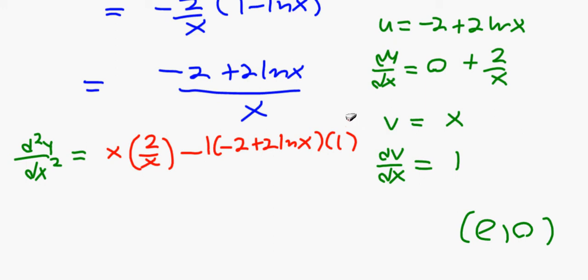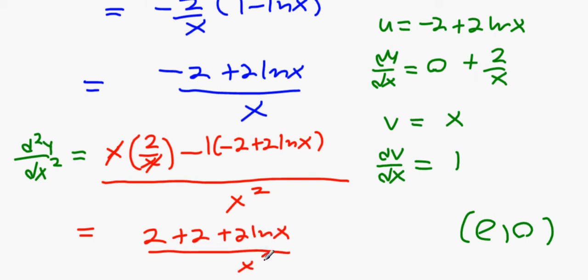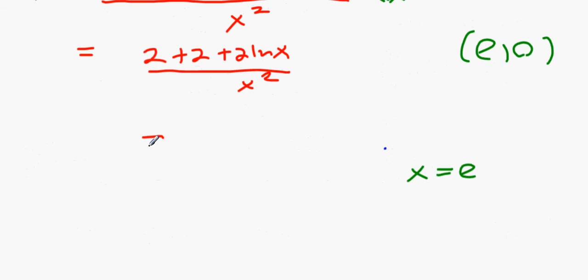It doesn't have to be here, so we can just get rid of that. And then it's going to be all over x squared. So we get x times 2, 2x over x, the x's cancel, so we just get 2. Then we get minus 1 by minus 2 is another plus 2. Then we're going to get plus 2 ln x all over x squared. And that's going to be 4 plus 2 ln x all over x squared.